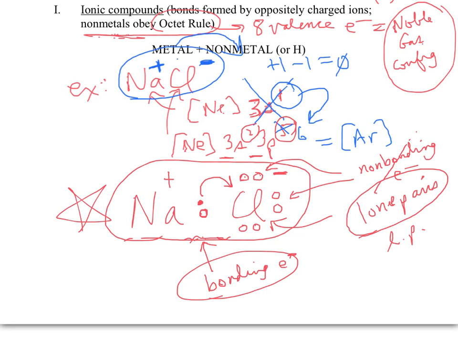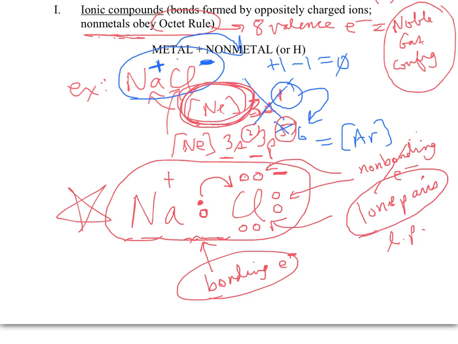Okay, so that's the idea of the octet rule: you'll physically see 8 valence electrons, circles, dots, whatever, around your nonmetals. You don't see it around the sodium, but the sodium really is obeying the octet rule as well, because when he loses that 3s1 electron, let me go back up and circle, what's left in his configuration?